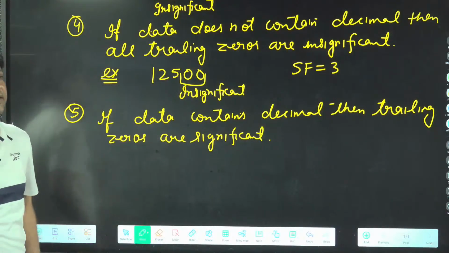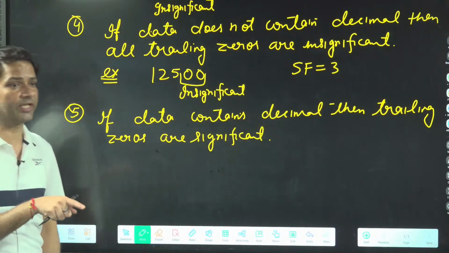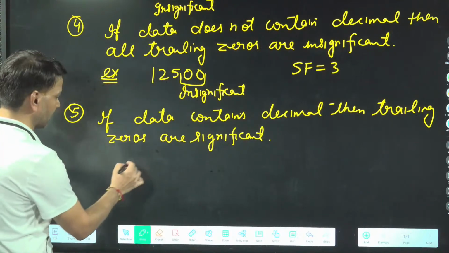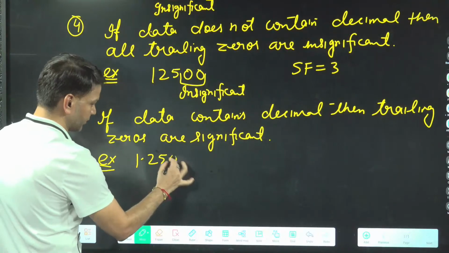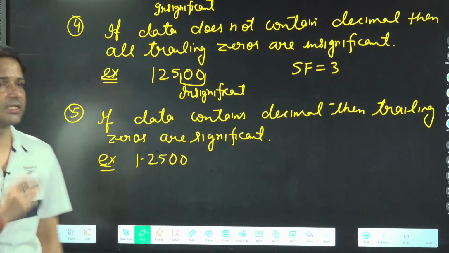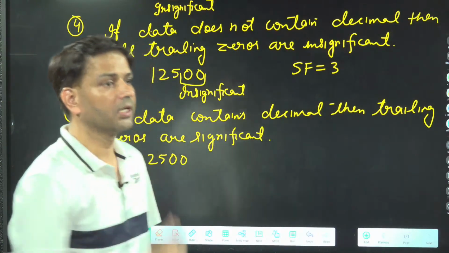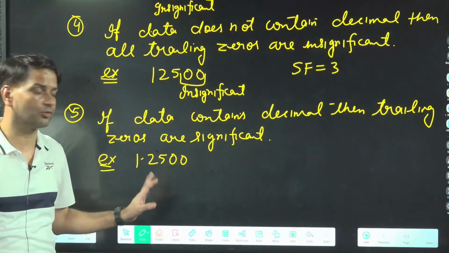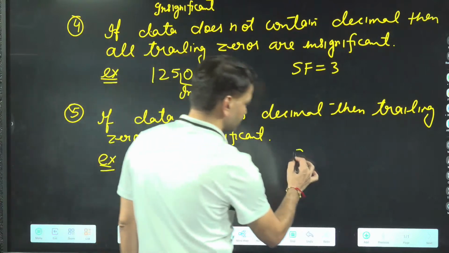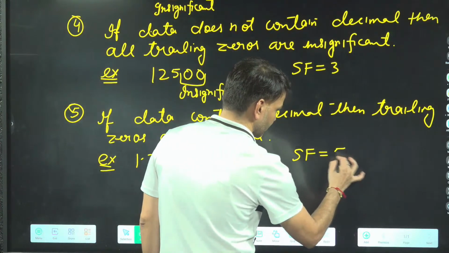So if the data contains the decimal, then you take trailing zeros as significant. Like suppose I am saying 1.2500, the same number, but I put the decimal here. So trailing zeros will be significant. How many significant figures does it have? 5.